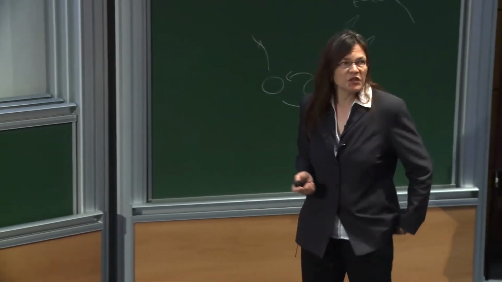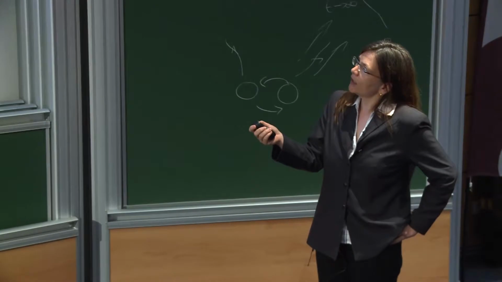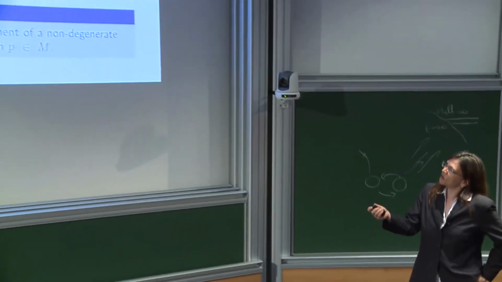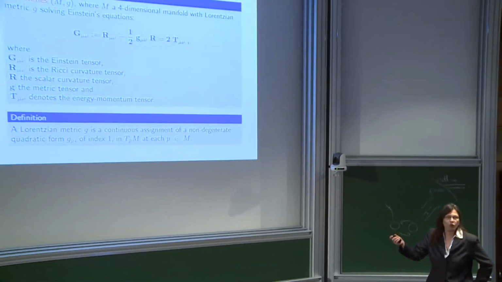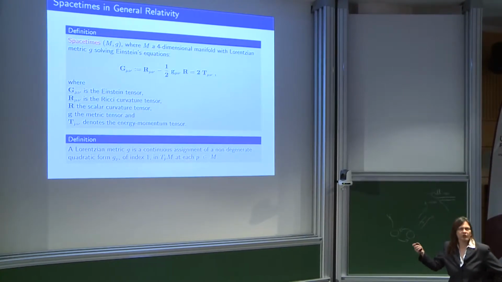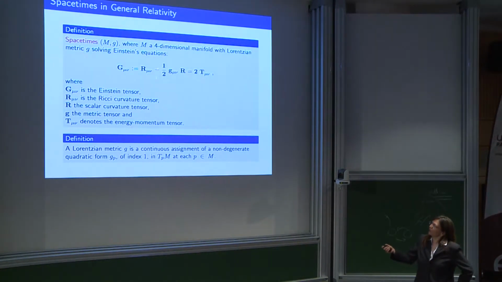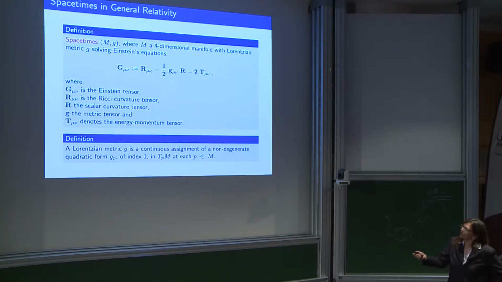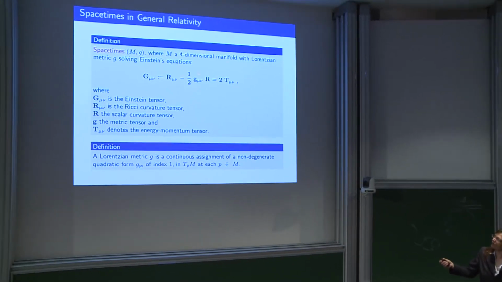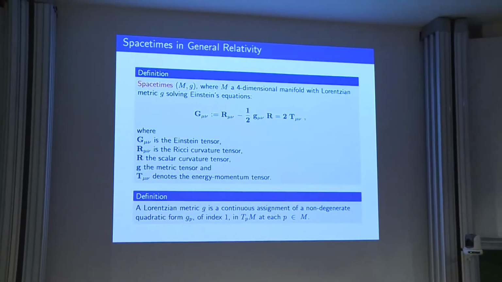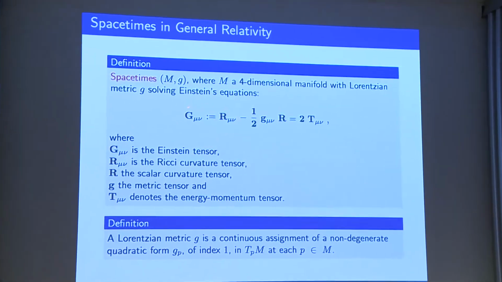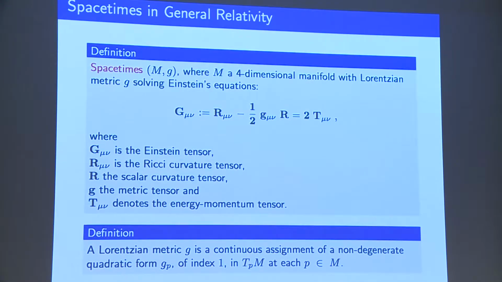Well, first of all, what is a space-time? So we look at the Einstein equations. On the left-hand side, and I'm going to talk about 4 dimensions, so 3 plus 1, 3 spatial, 1 time dimension, we have basically the geometric objects, if you like. We have the Ricci curvature, the metric, we are solving for the metric, the scalar curvature, and we call this G mu nu on the left-hand side the Einstein tensor.